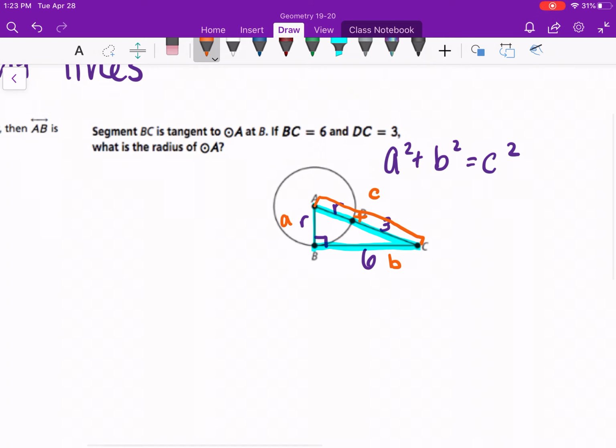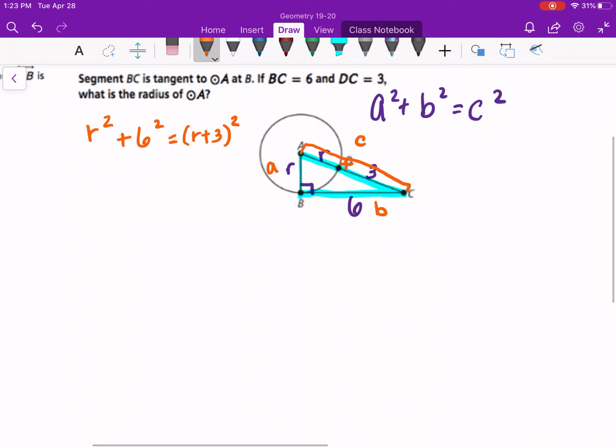So I'm just going to plug my numbers in for A squared plus B squared equals C squared. A is R squared plus B is 6 squared equals C squared, and C is R plus 3. Again, it's going to get a little ugly for a second, then we're going to clean it back up. But again, your target is exactly the same.